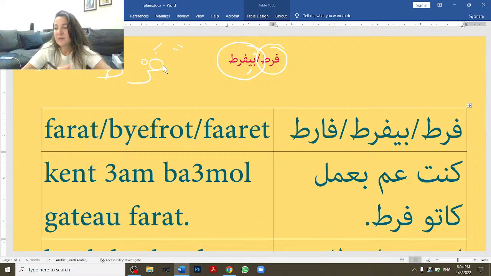For example, if it's excess of spending, you can say fart. Okay, so that's in standard Arabic. But in the Lebanese dialect, when I use farat with a fatha, farat, biyufrut, that's a verb and it means to crumble down. So here I gave some examples, okay?